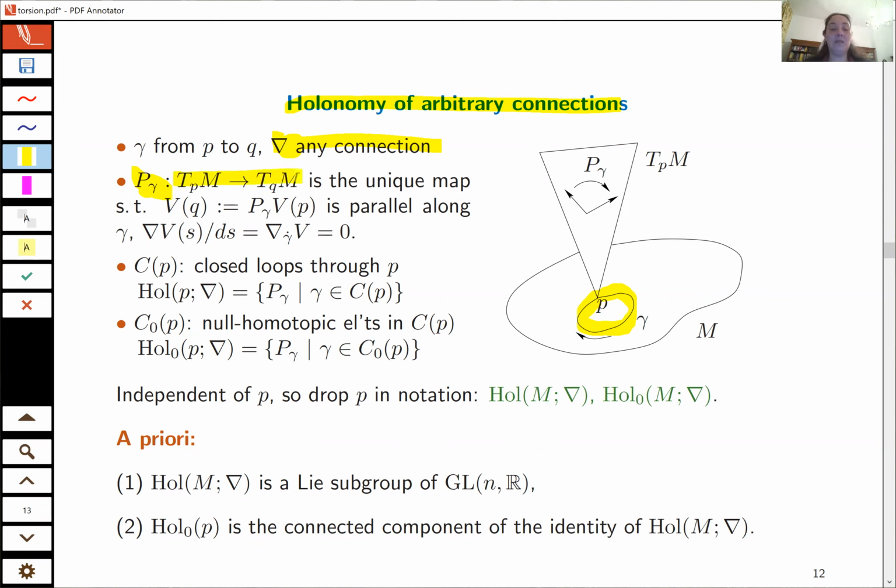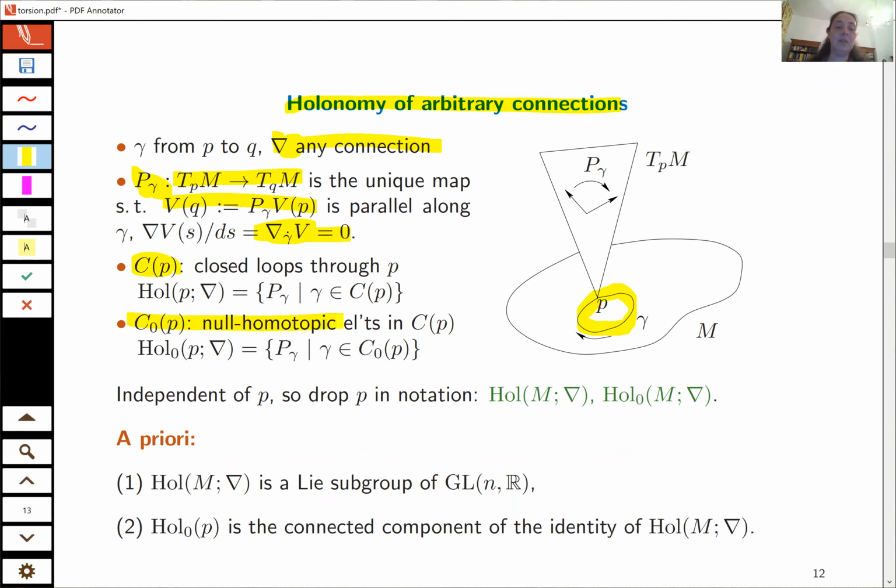This is the unique map such that the parallel transported vector field is parallel, meaning that this derivative is zero. That's just the definition.